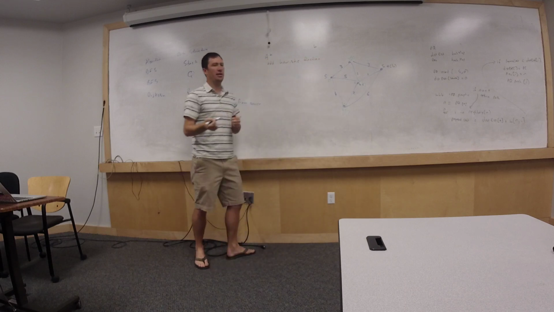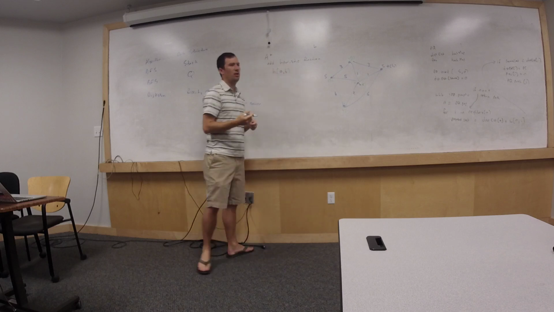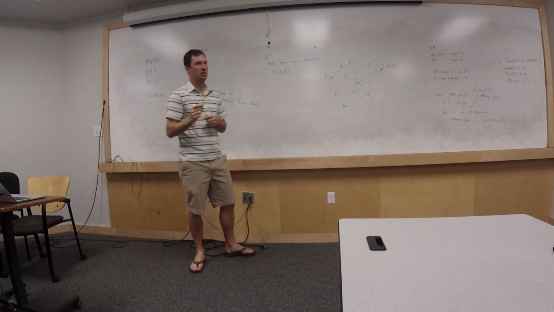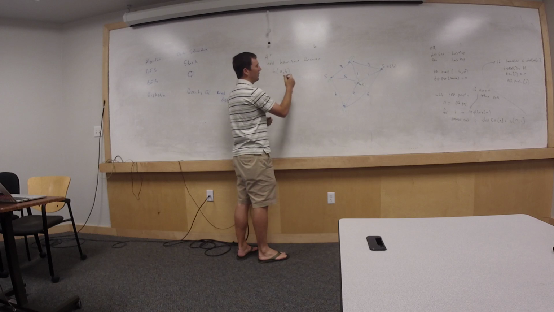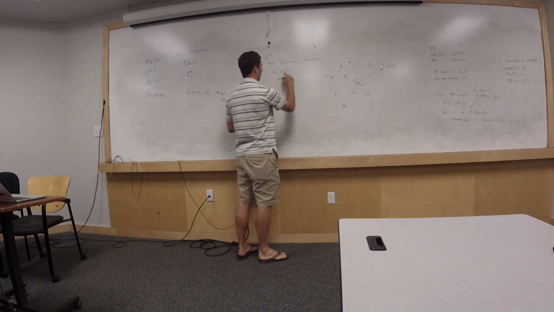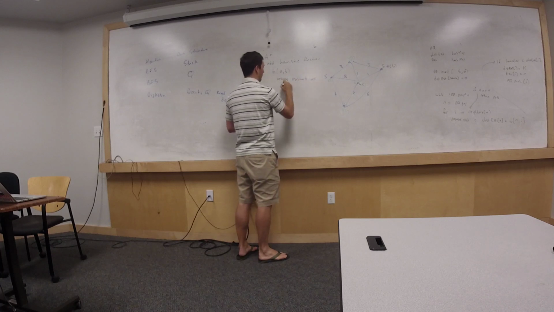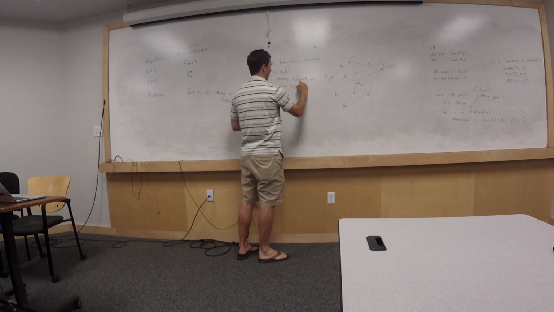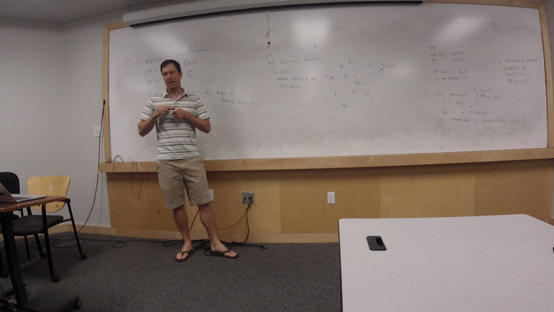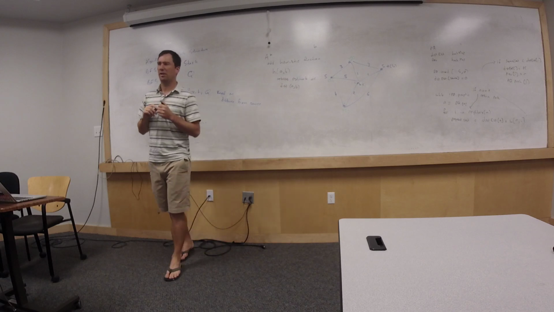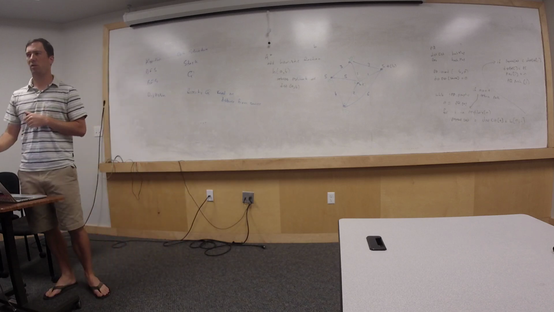This is a function that takes two nodes in our graph and returns an estimate of the distance between them. And as long as we can get a reasonably good estimate efficiently, this can actually help our search a lot.